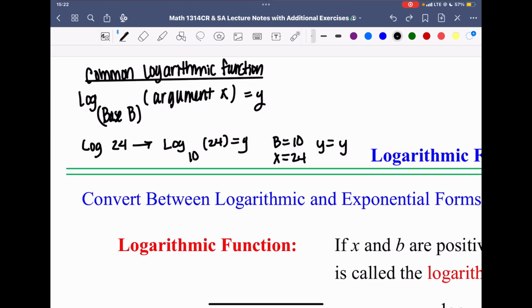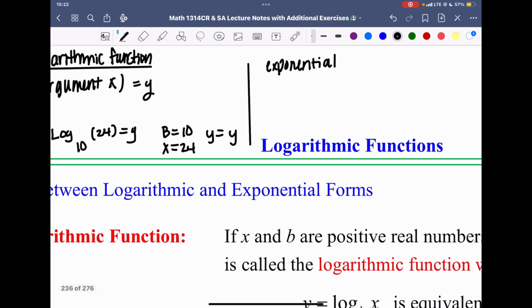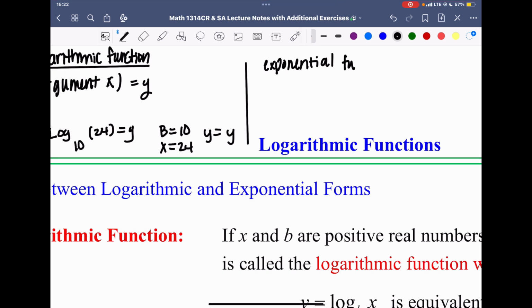Then you have the inverse of a common logarithm to be an exponential form. So we dealt with exponential form in the previous two sections. An exponential function involves these variables.